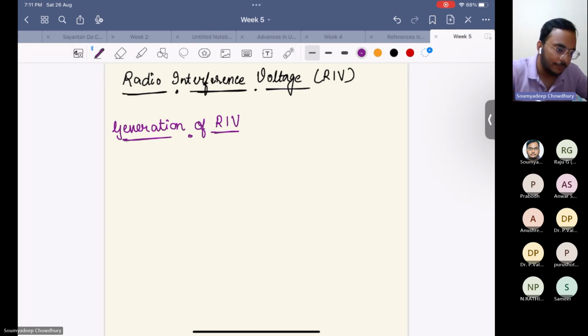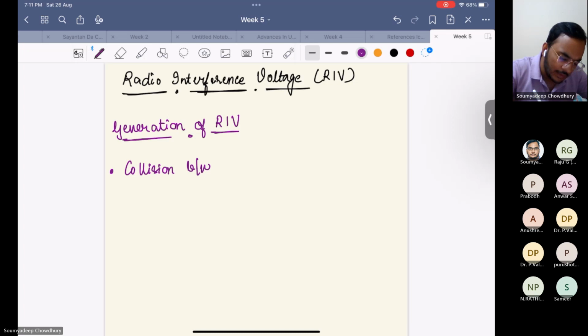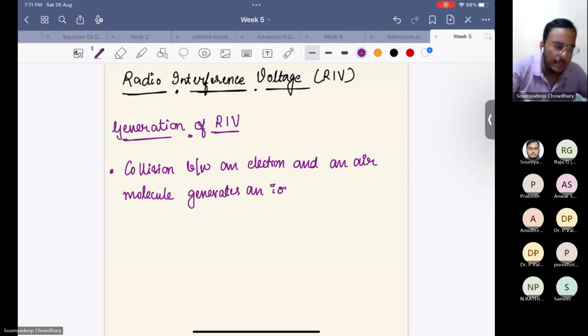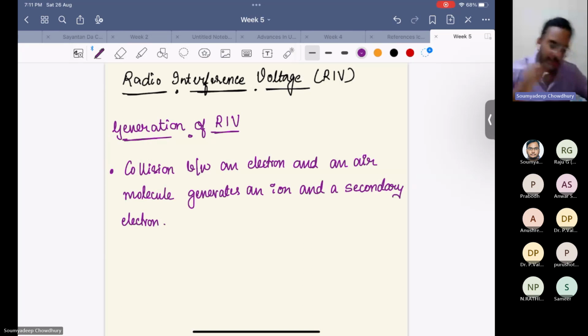So coming to RIV, as I was telling, the collision between an electron and an air molecule generates an ion and a secondary electron.